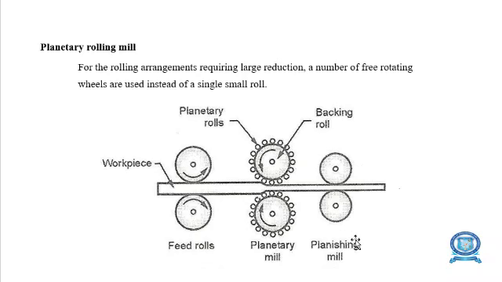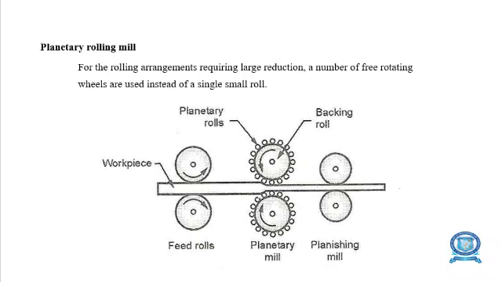The feed rolls are used to push the slab through a guide into the planetary rollers. On the exit side, a planishing mill is installed to improve the surface finish. It acts as a finishing mill.